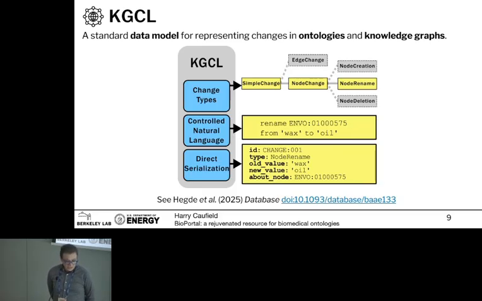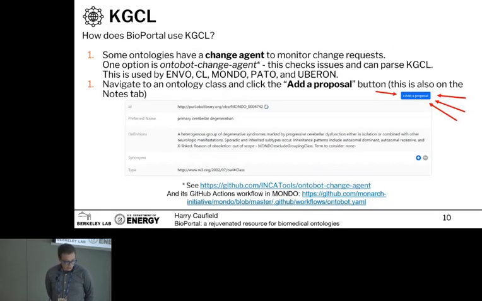And you can say things like, okay, I want to rename a node. You can express that in natural language as well, and say, okay, I'm going to rename this specific ENVO term from wax to oil. So directly human readable. And then you can also serialize it in your favorite serialization. We'll usually choose YAML, again, because it's quite readable. But for whatever works for your system, you could use a different serialization.